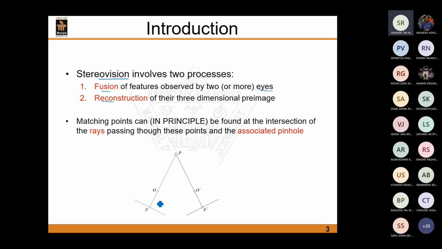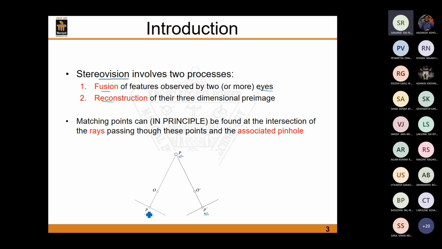This P is one point in one 2D image, and P dash is a corresponding point in another image, and both these images are trying to capture the same scene. Let's say the scene has only one single 3D point, which is given by capital P.